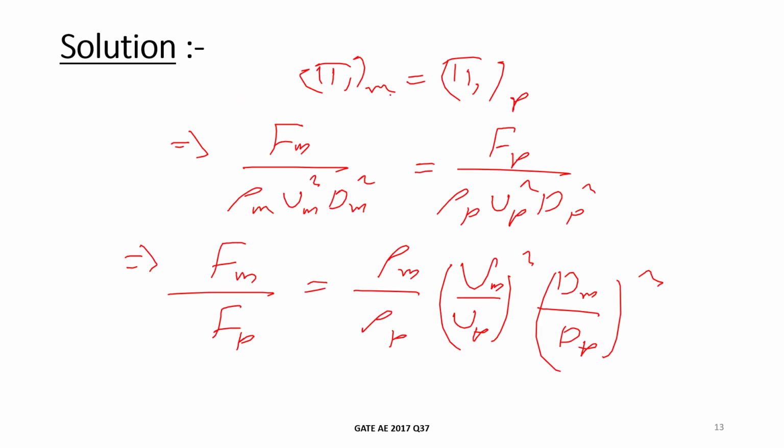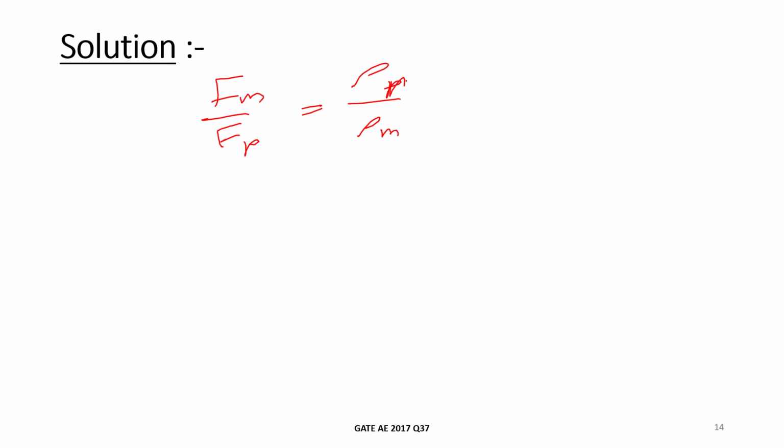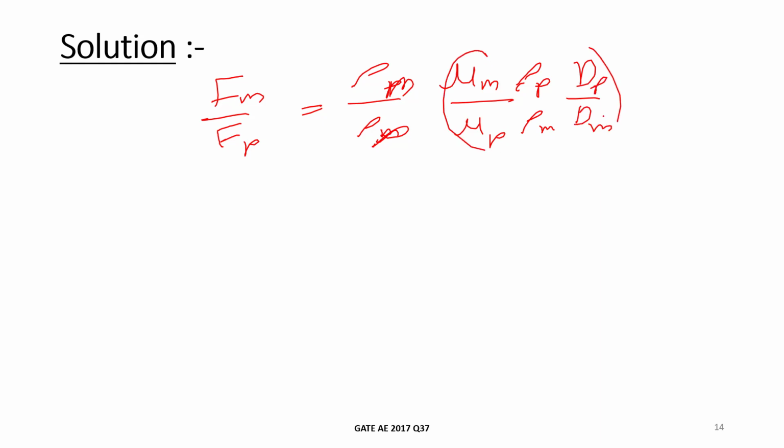So we will get Fm upon Fp equal to rho p upon rho m into mu m upon mu p, rho p and rho m, dp upon dm whole square into dm upon dp square.